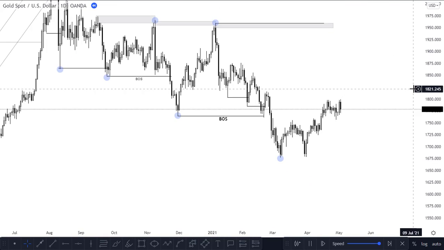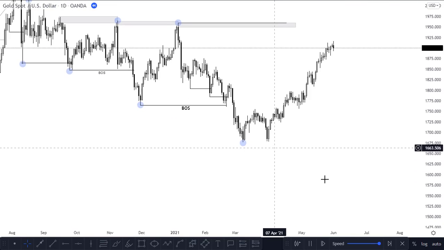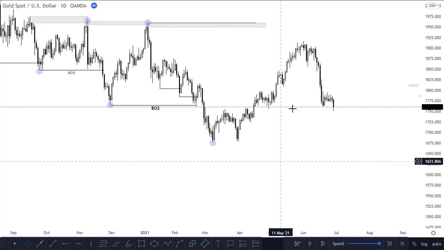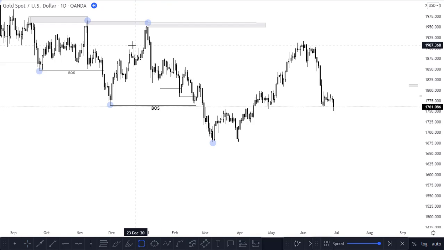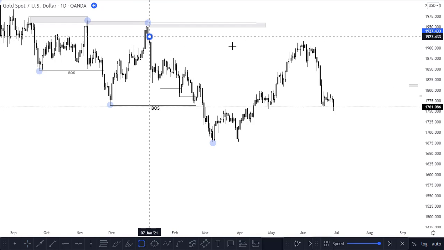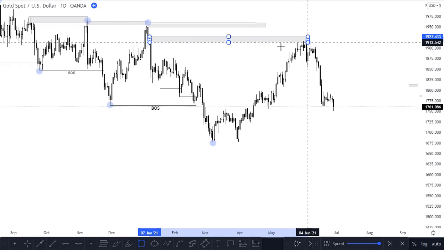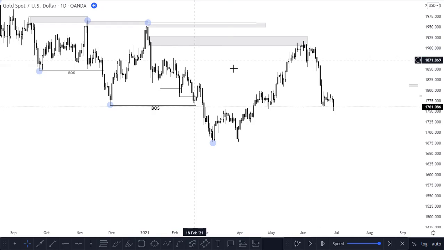Remember this pullback. As you can see, it traded on this point of interest. We call this point of interest a propulsion block. This is a type of point of interest. Then it started pushing down.